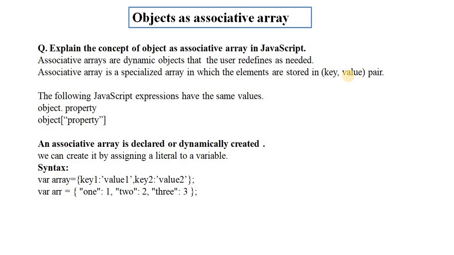We have seen the dot operator used to access the properties of an object. It is also possible to use the square bracket notation, which is commonly used with arrays, to access the properties. Here the following JavaScript expressions have the same value: object dot property and object in square brackets with the property in double quotes.